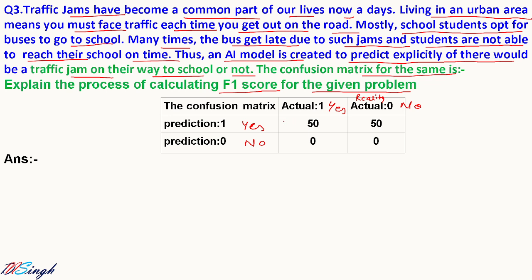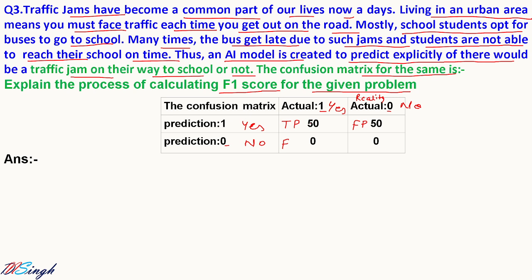Yes, yes means the first word is true, and prediction is yes, so the second word is positive. And here you have reality and prediction different, 0 and 1, so the first word will be false, and prediction is yes, so the second word is positive. Then again, in reality it is 1 and prediction is 0, both are not the same, so the first word will be false.